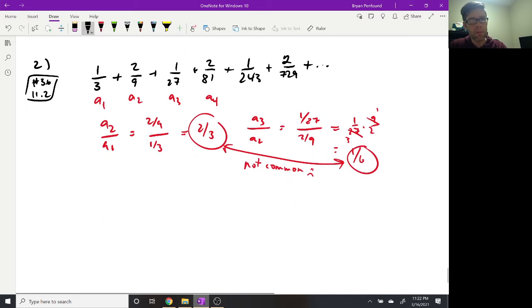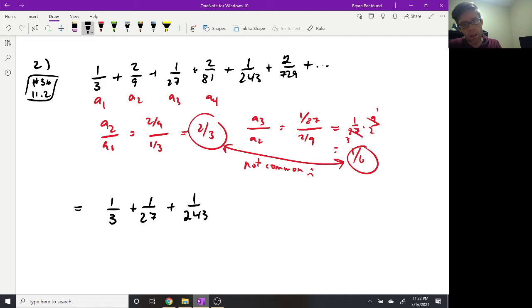Because I don't have common numbers, the way that it's set up right now is definitely not a geometric series. But maybe you notice that every other term has a 1 in the numerator and every other term has a 2 in the numerator. So maybe we can rearrange this so that all of the terms with 1 in the numerator come first, and then I'm going to add to that all of the terms that have a 2 in the numerator.